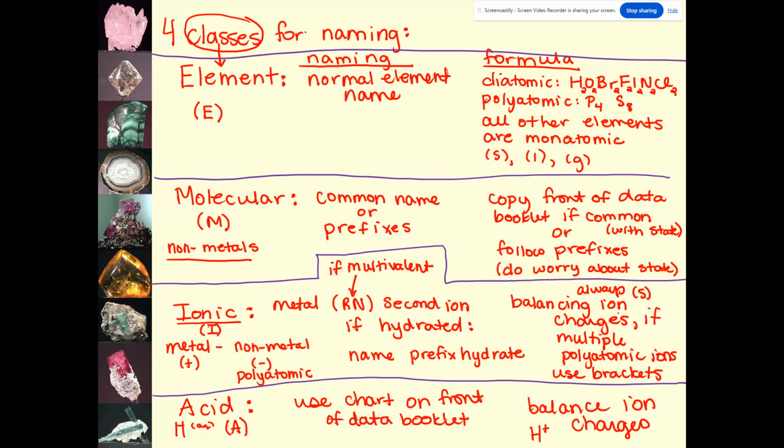Ionic compounds are always solid. Molecular compounds, notice I said don't worry about the state. Ionic compounds balance ion charges. Molecular compounds don't. And lastly, acids, your hydrogen-containing compounds that are dissolved in water. You treat again like they're ionic compounds, even though they are defined as being molecular because they share electrons.